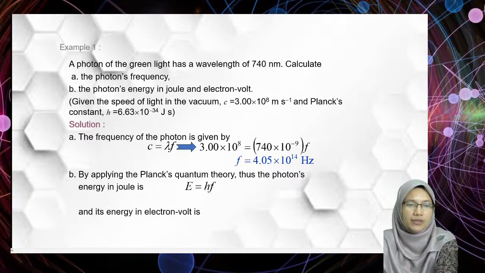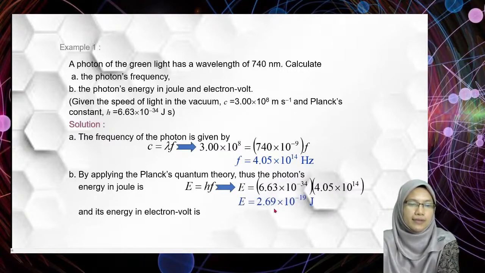Then you substitute the value of Planck constant, h, and the frequency that we have calculated in part A, and you will get 2.69 × 10^-19 joule.